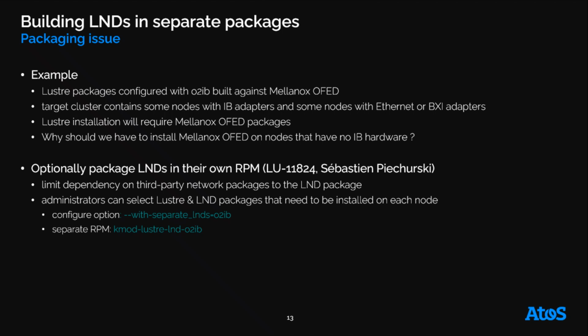Sébastien Pichon posted a patch that allows optionally packaging LNDs in their own RPM. This limits the dependency on third-party network packages to the LND RPM. This LND RPM can then be selected by the cluster administrator to be installed or not on the nodes of the cluster.